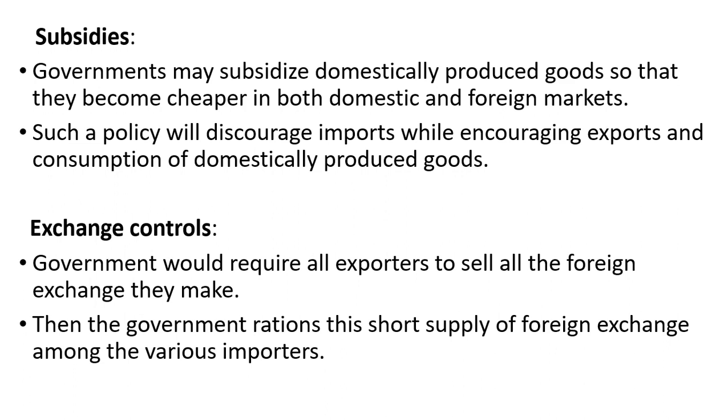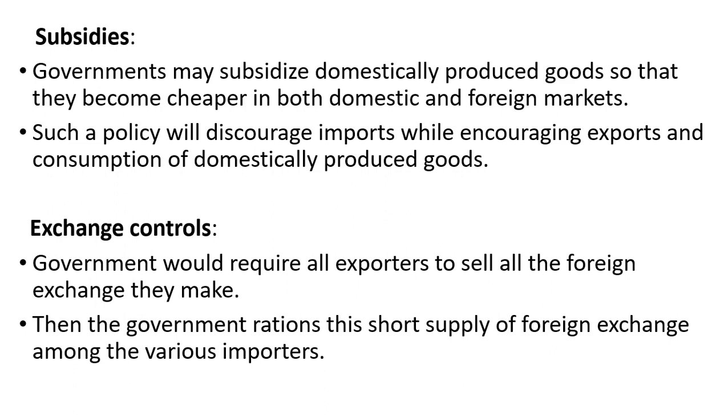And as the demand for domestic goods increases, demand for foreign ones will fall. So that will reduce how much goods are imported into the country. So subsidies essentially are given to domestically produced goods so that they become cheaper for people to buy. And this will switch people from buying imported goods towards buying domestically produced goods.